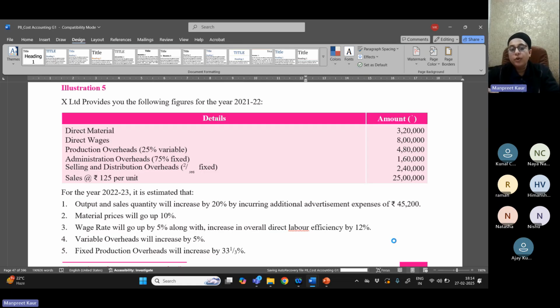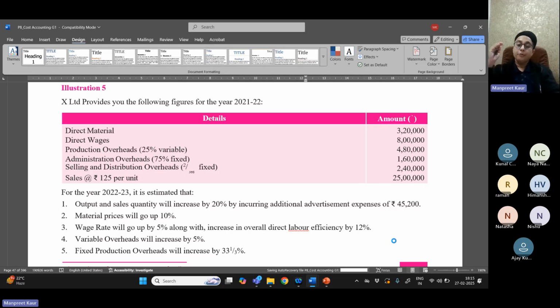The question is saying that if output and sales quantity increase by 20%, then advertisement expenses will also increase by 45,200. Got it. Direct material cost is 3,20,000. In 2022-23, material price will go up by 10%. Got it. Wage rate will also go up by 5%, but overall labor efficiency increases by 12%.